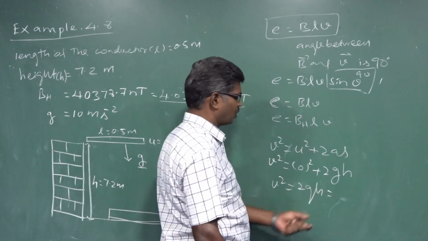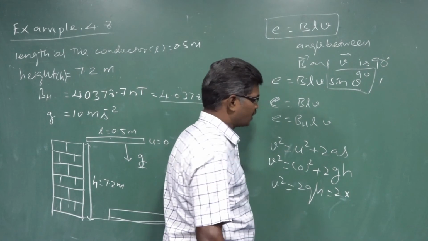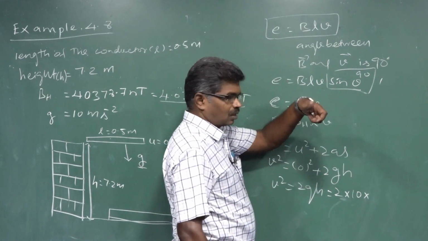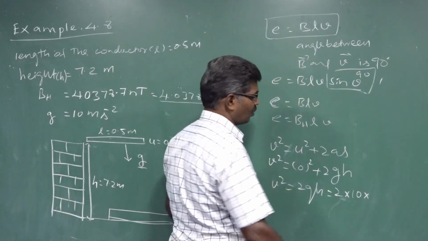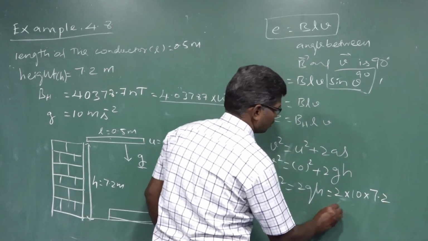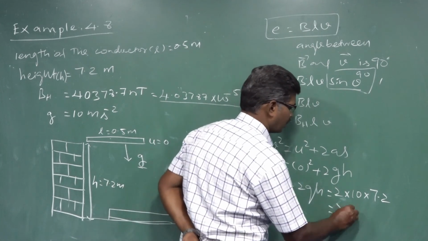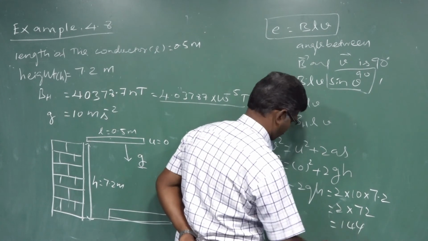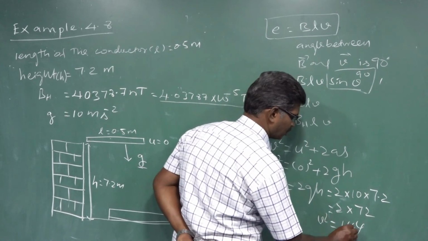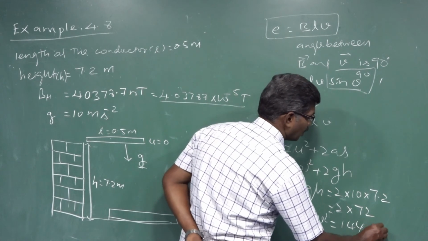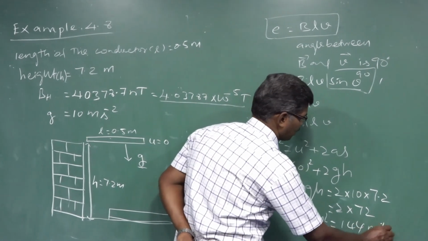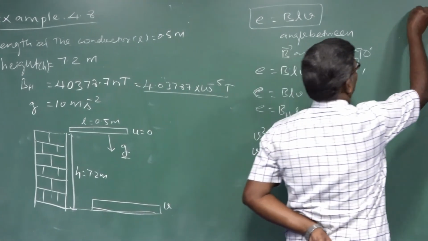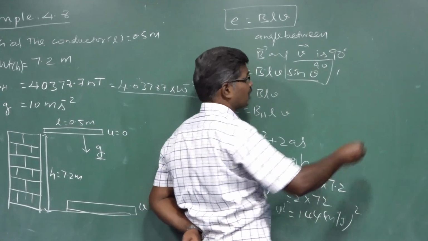Now we substitute the values. 2 into acceleration due to gravity, which is given as 10, and the height the rod is released from is 7.2 meter. So we take 2 into 72, that is 144. v squared is equal to 144 meter squared per second squared. We take the square root on both sides.